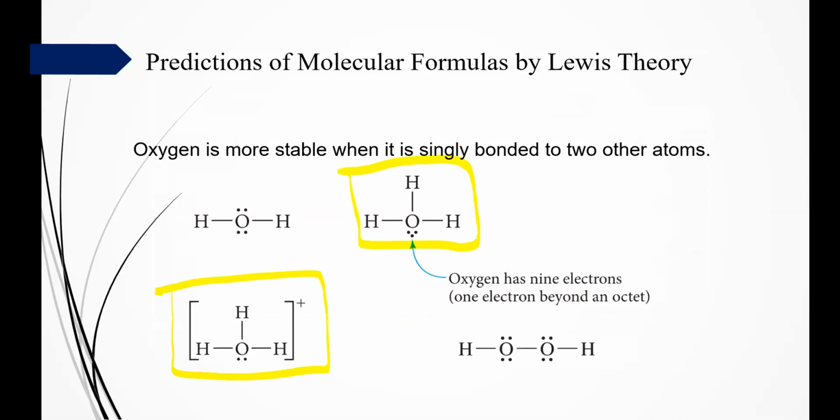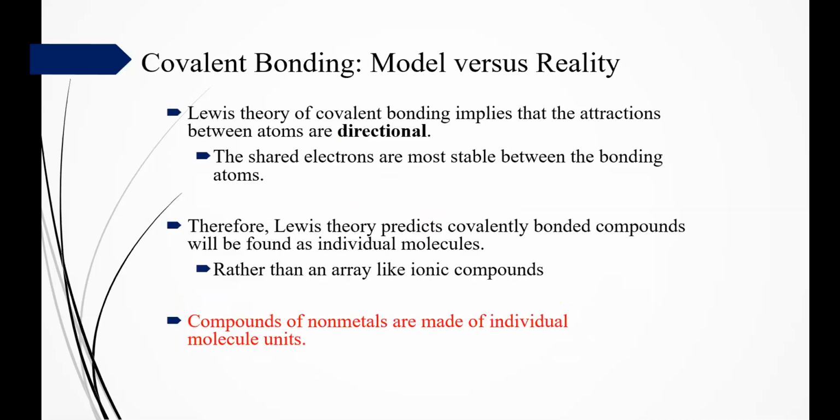We have some cases where this one has 9 electrons, so it's actually breaking that octet. This is hydrogen peroxide down in the bottom right. Overall, the theory does a fairly good job anticipating our different compounds, though there are some compounds like this one where we can break the octet rule. So it's not a rule that only compounds that satisfy the octet can exist.